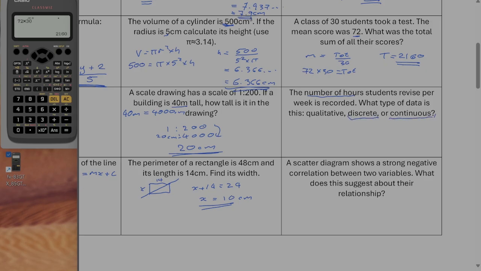I'm going to assume that we can have values such as 2.5 hours or 2.4 hours. So I'm going to go continuous.